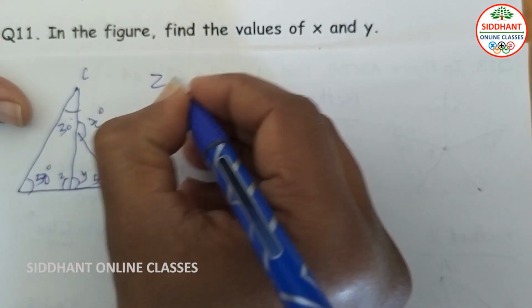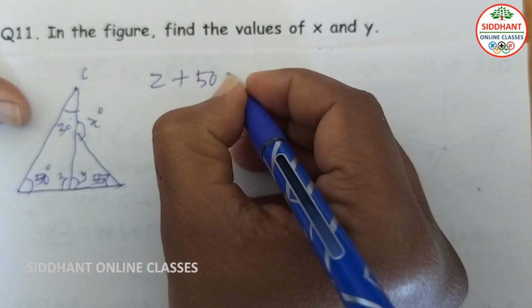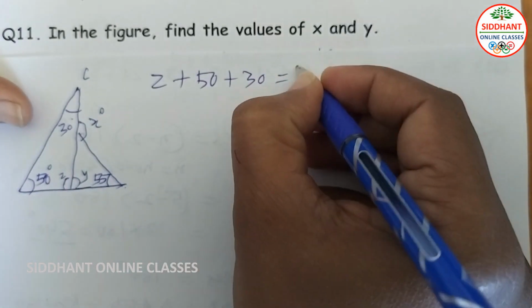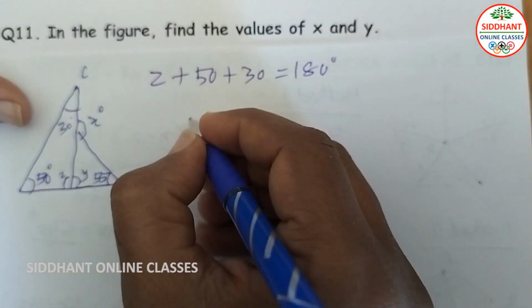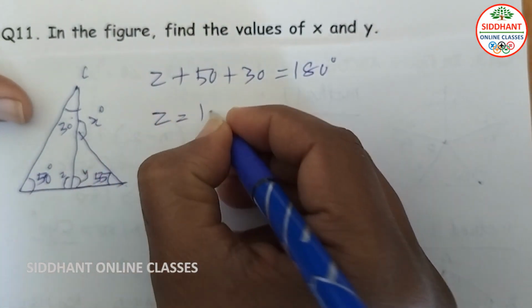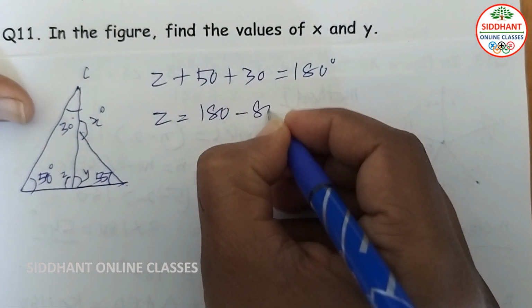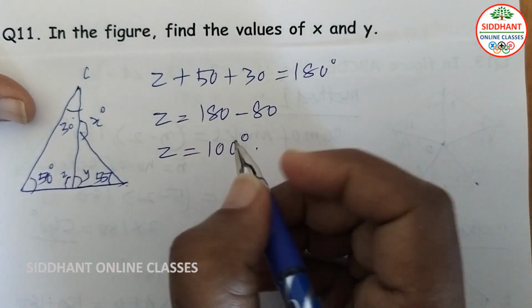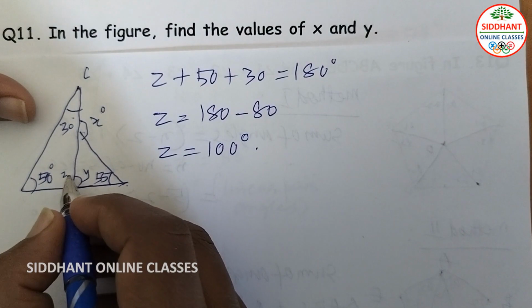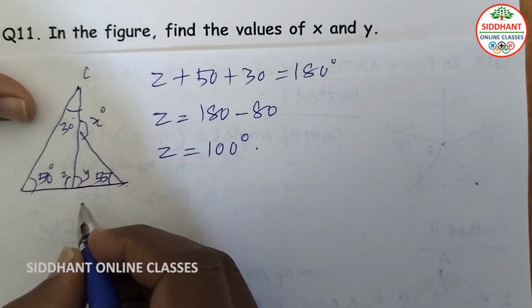So z plus 50 plus 30 will be equal to 180 degrees. Then z is equal to 180 minus 80, so z equals 100 degrees. So this will be 100 degrees.